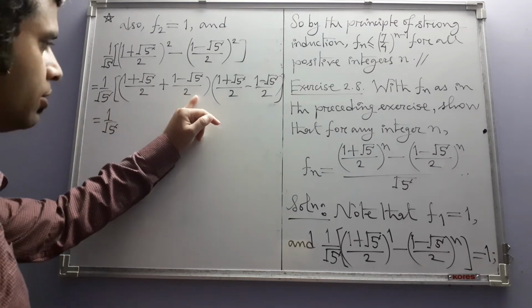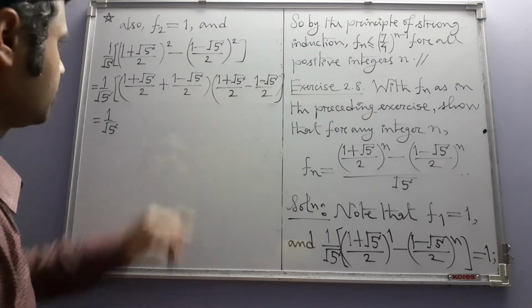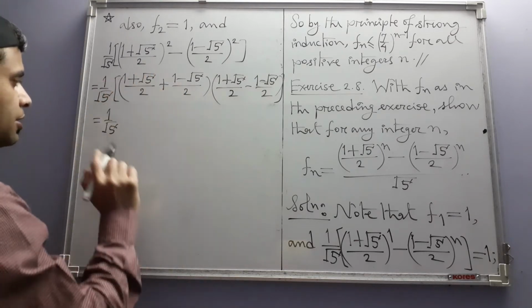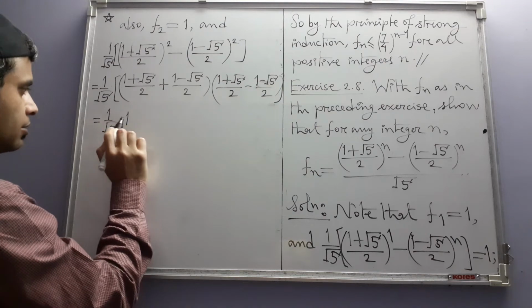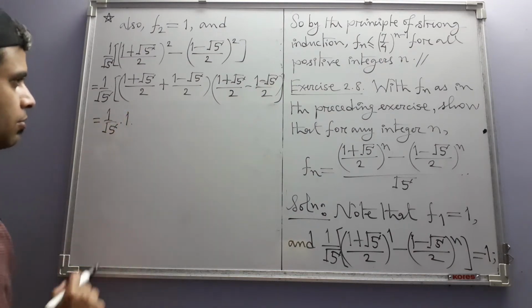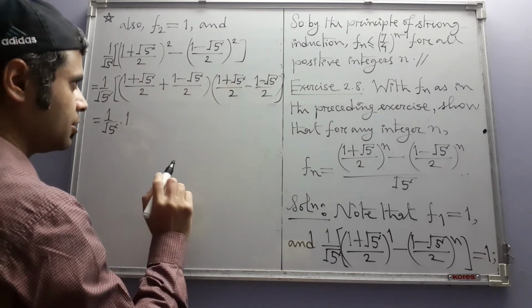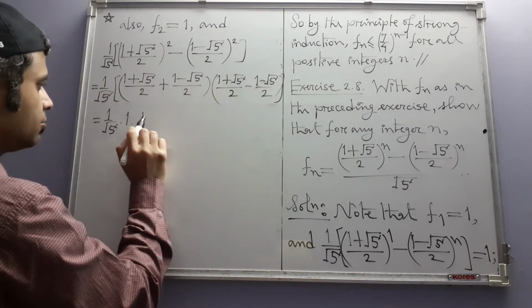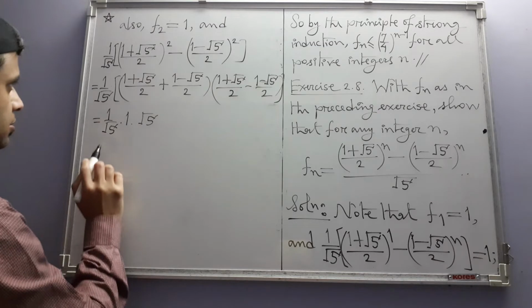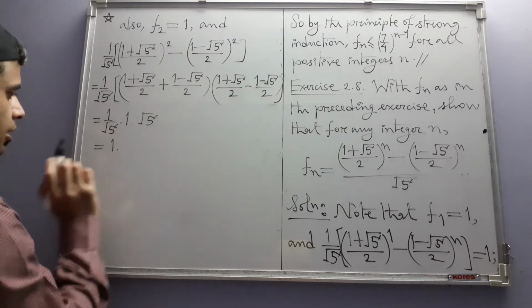Here we won't have the irrational part, and 1 over 2 plus 1 over 2 is 1. That means this term is just 1. And what about this one? Root 5 divided by 2 plus root 5 divided by 2, that means this, which is equal to 1.